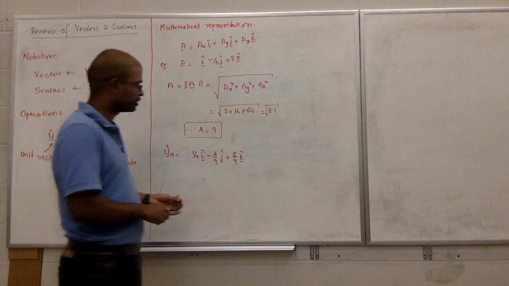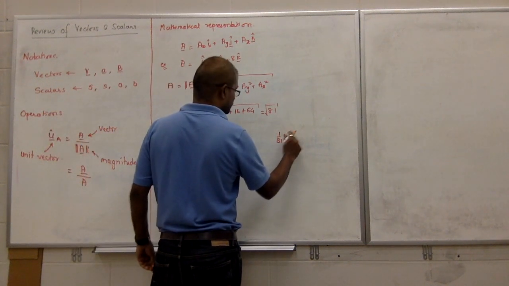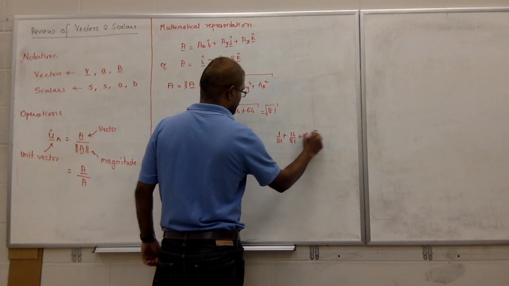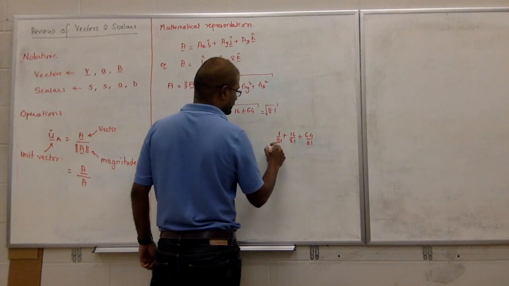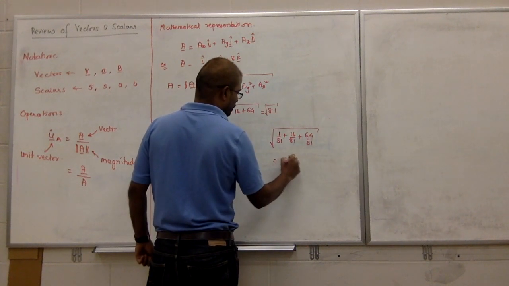And I can show you that it's 1 over 81 plus 16 over 81 plus 64 over 81, right? This would be 81 over 81.